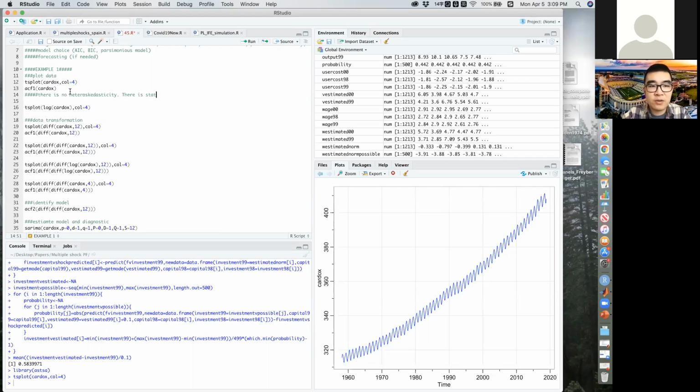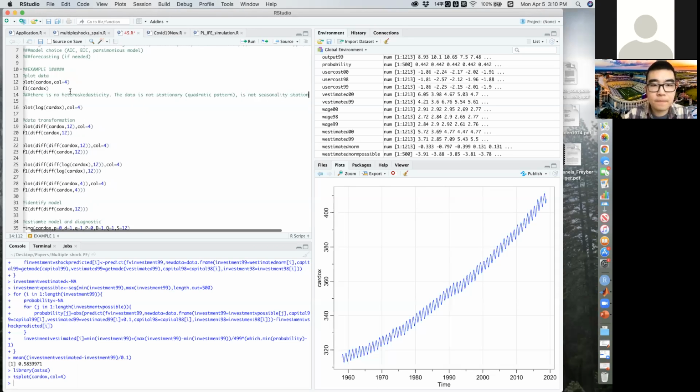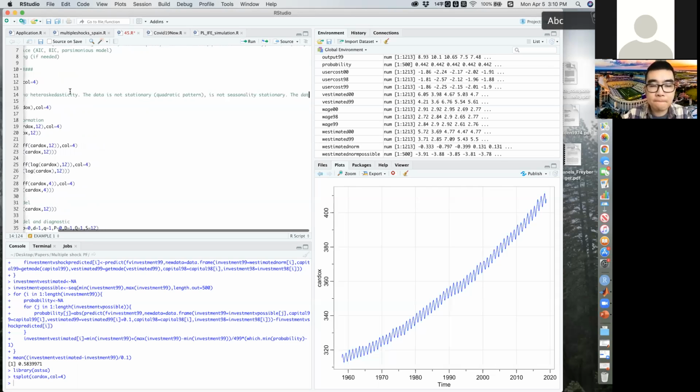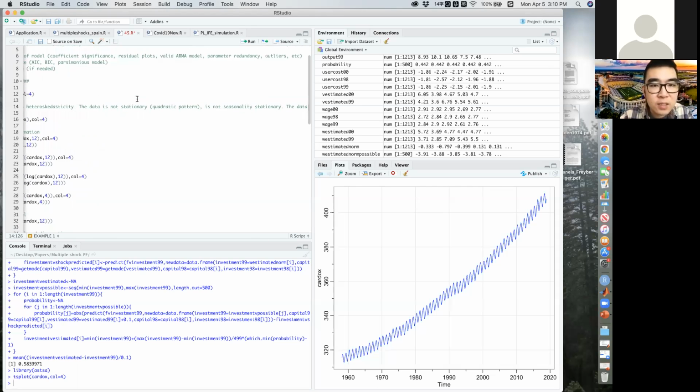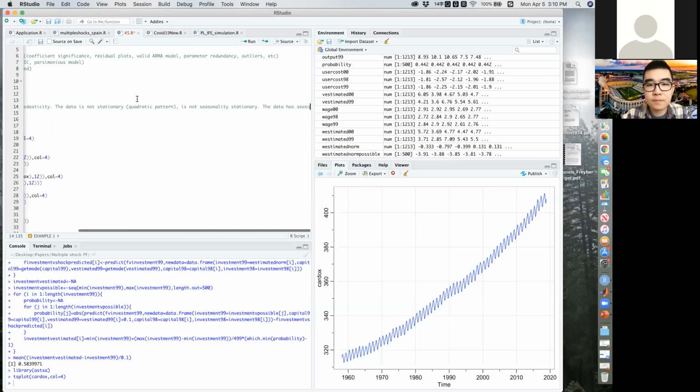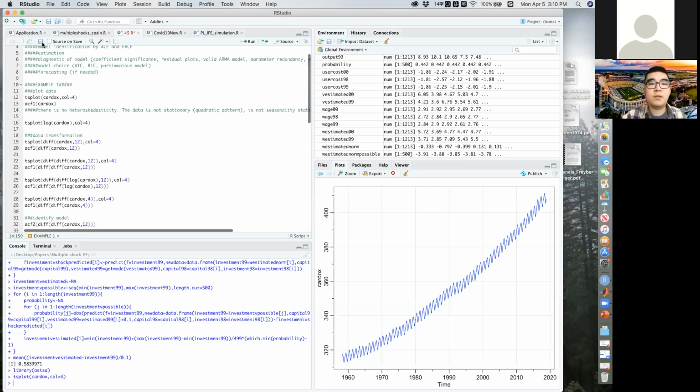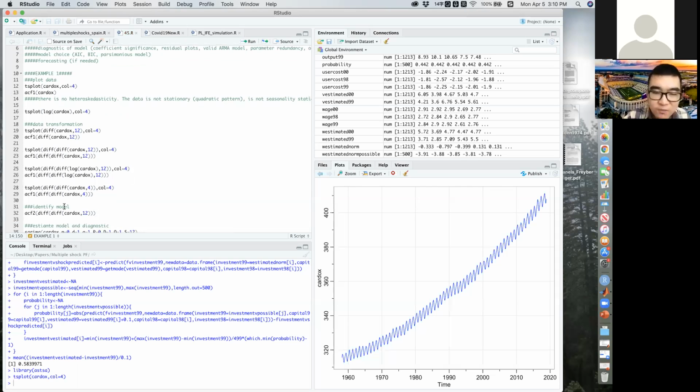The data is not stationary. It has a quadratic pattern.